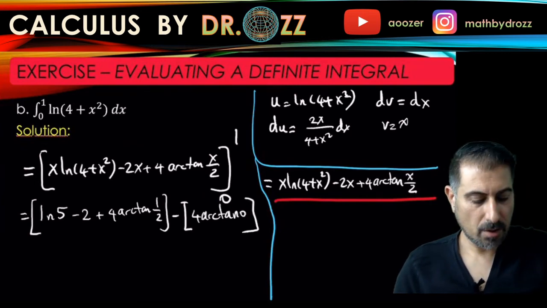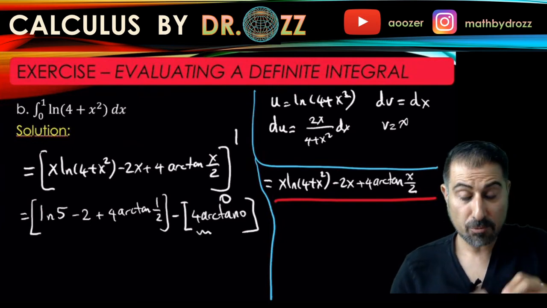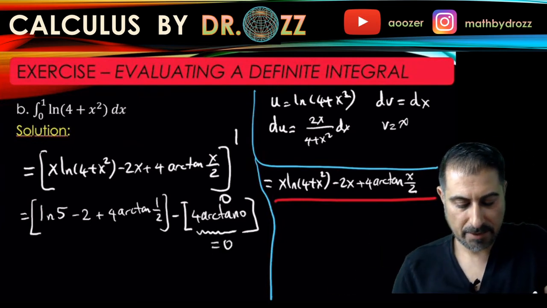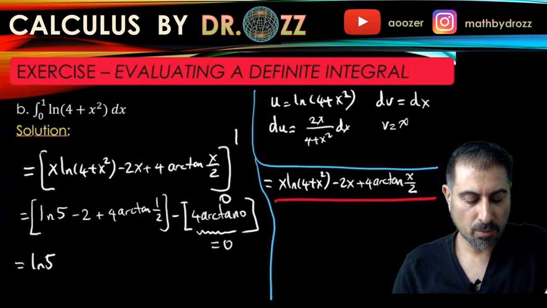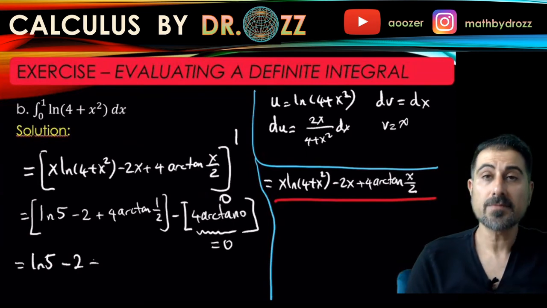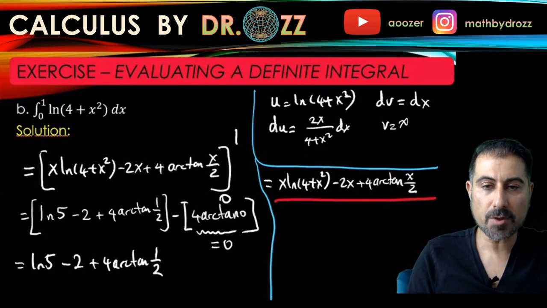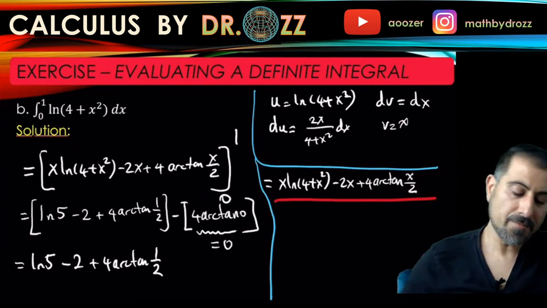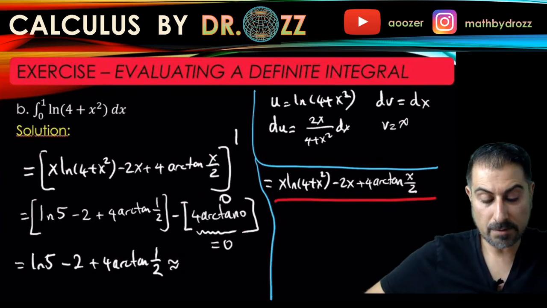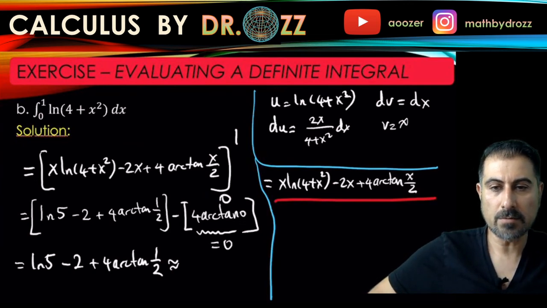Arctan 0, if you use your calculator, is 0. So the final output in the exact expression form is ln 5 minus 2 plus 4 arctan 1/2. You can go ahead and use your calculator to get an approximate value. I wrote the value of arctan 0 as 0 because it's a well-known value, so I just wanted to write that down right away.